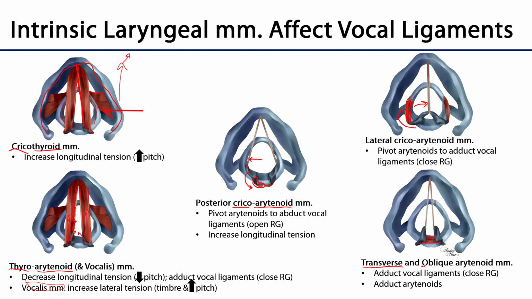And then there are a set which run obliquely, crisscross, which are called the oblique arytenoid muscles. Working together as a pair, they glide the arytenoid cartilages together, so they adduct them, and by doing so, they also adduct the vocal folds.